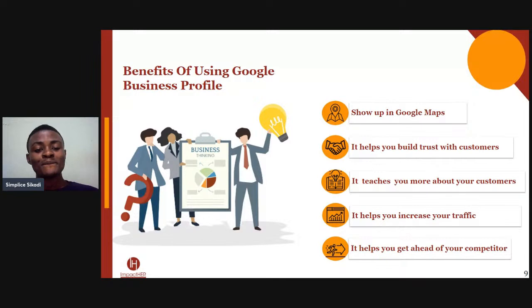And one of them is building trust with your customers. How do you build it? You build it by allowing people to give honest reviews about your business. So people can come and give reviews about your business on your Google My Business profile. So somebody is going to come on your Google My Business profile and will see people saying, hey, I bought a product from Victoria Adams and I was really satisfied.